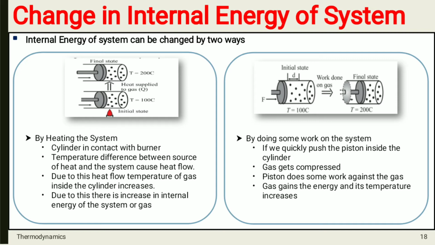So the conclusion of this experiment leads us to a very important principle of thermodynamics. Work done on or by the system and the change in internal energy of system are related through the energy that is transferred to or by the system, and heat is involved in the process.